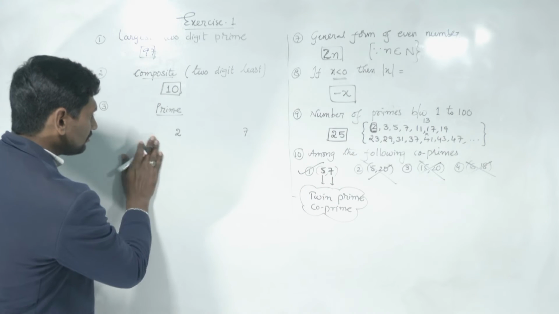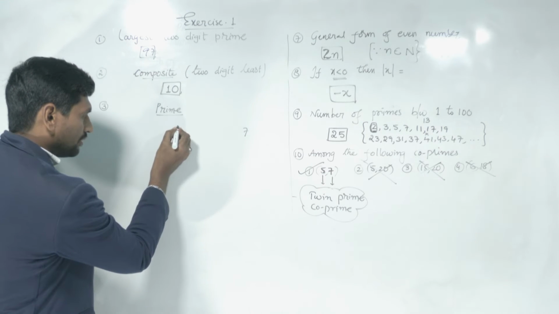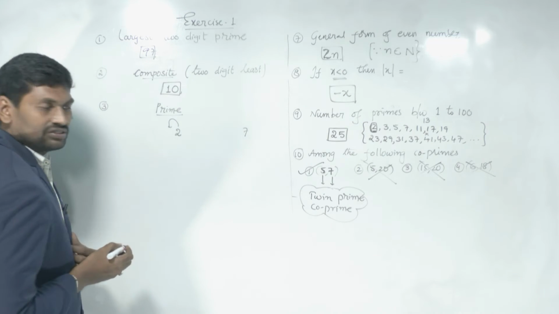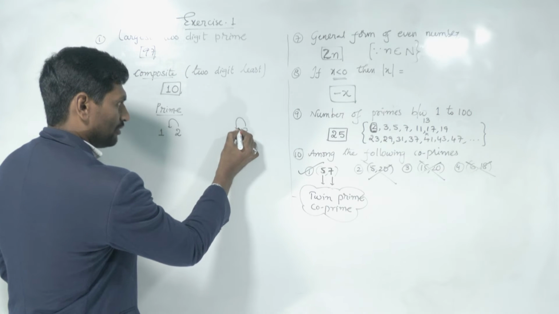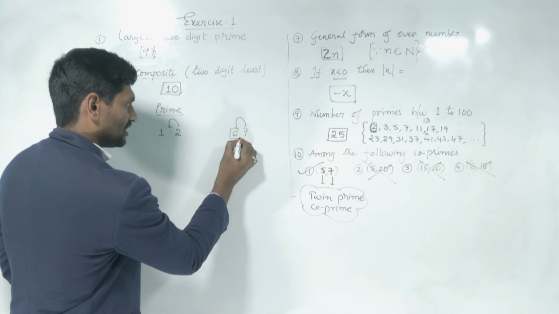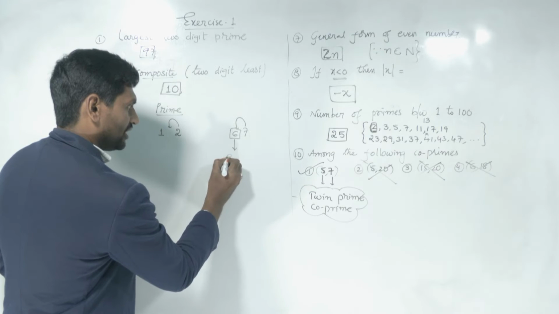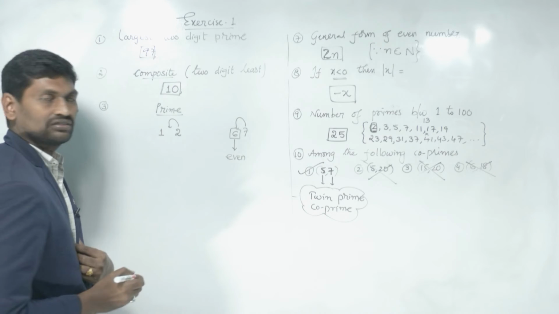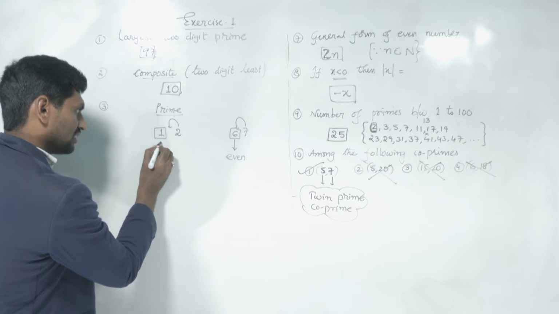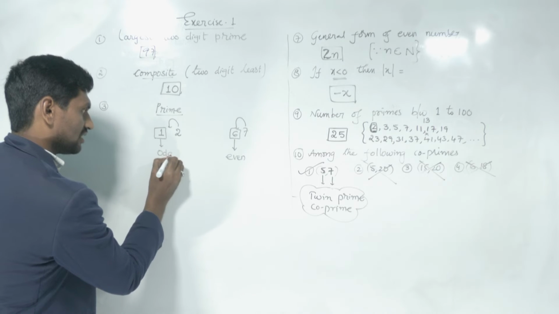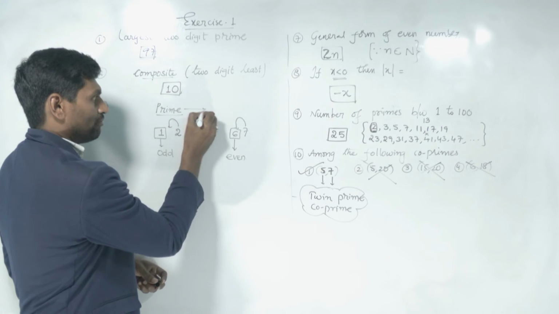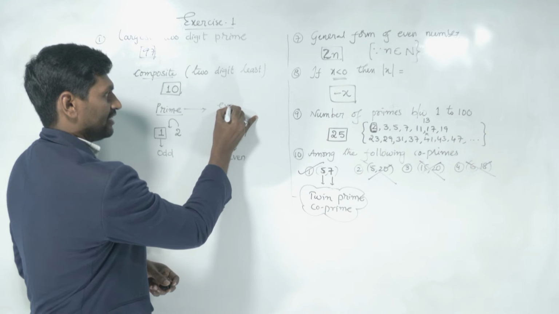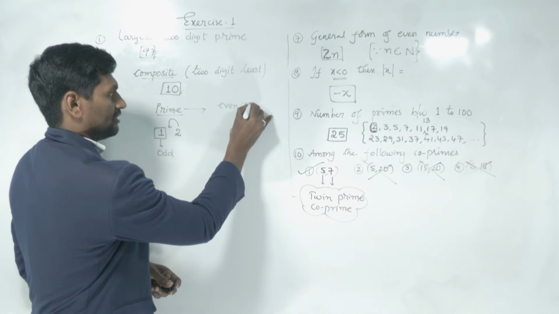Okay. Now, predecessor means before. 2, before what? 1. Here, 7, before it 6. What is this? 6 is nothing but an even number. Here, 1 is an odd number. So the predecessor of a prime number will be even or odd.